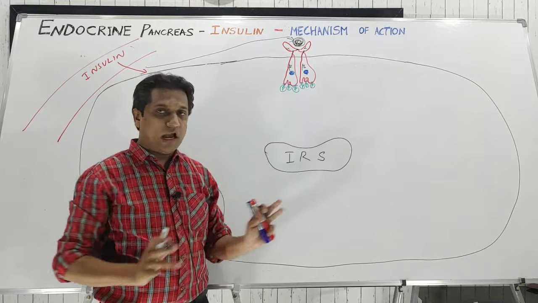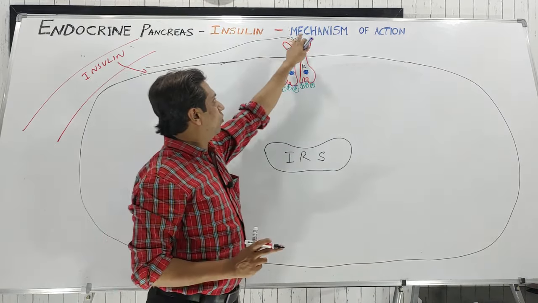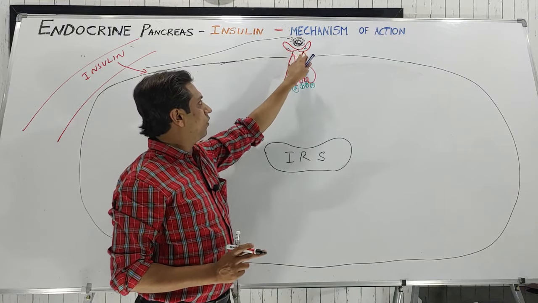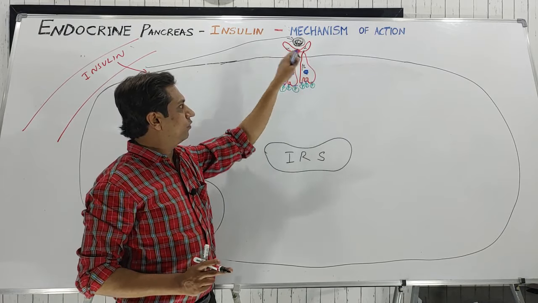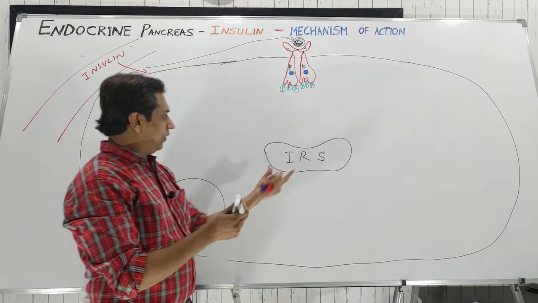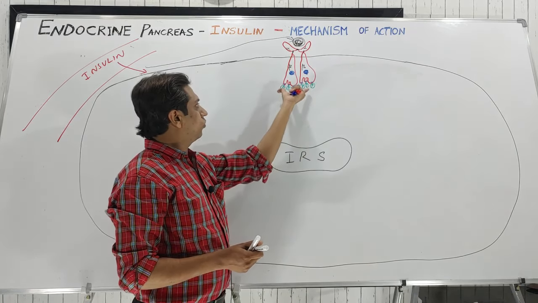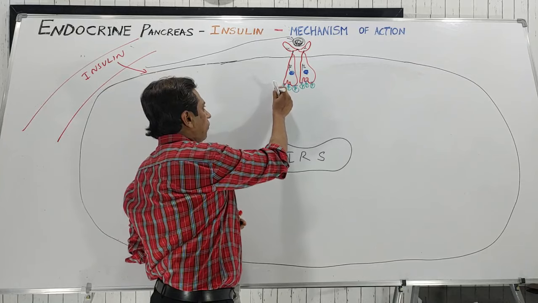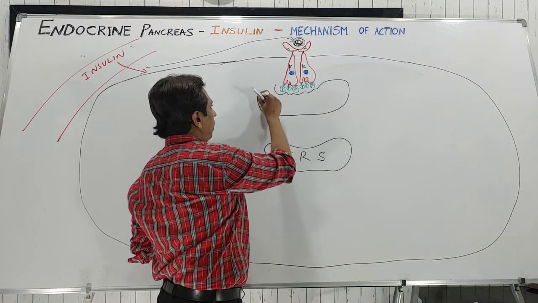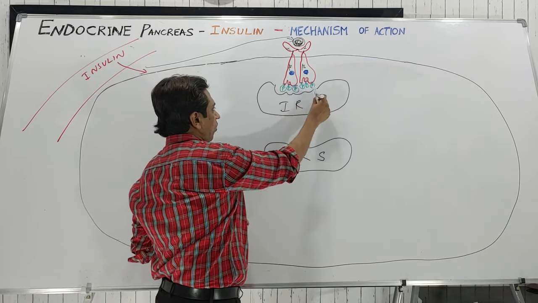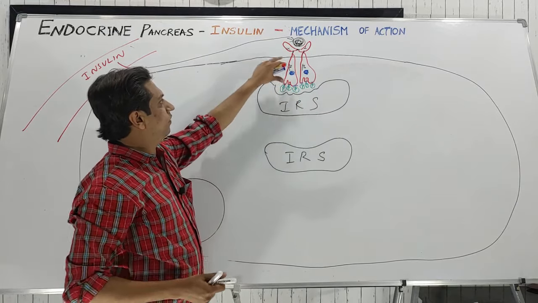Inside the cytoplasm at the resting condition it is present, but once insulin binds to the alpha subunits of the receptor and there is autophosphorylation of the beta subunit, this insulin receptor substrate protein binds to the phosphorylated subunit. So the insulin receptor substrate, which is normally present in the cytosol, will now bind to this receptor.